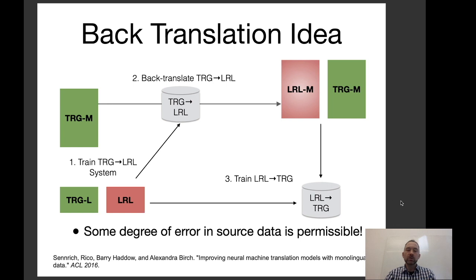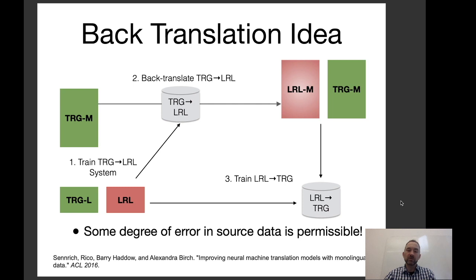An important thing to think about when we consider why back translation may or may not work is that some degree of error in the source data is permissible. What we really want is clean target data that tells our model what kind of data it should be generating.